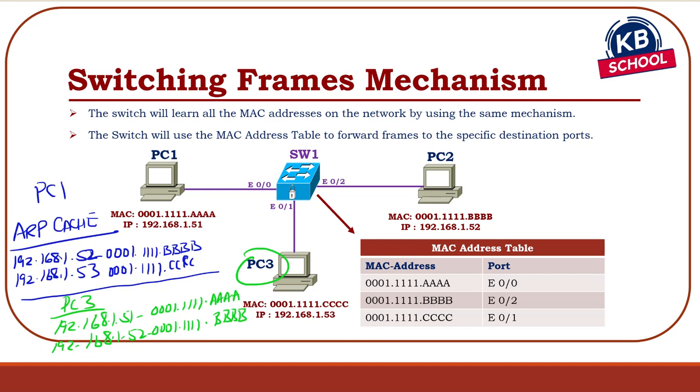And the third PC, PC2, will also have an ARP cache which would say if I want to reach 11, the MAC address I want to send it to is this guy. If I want to reach another one, all done dynamically.